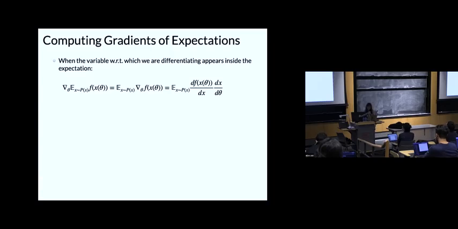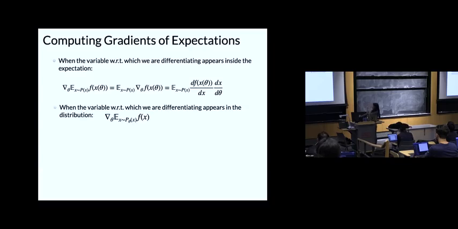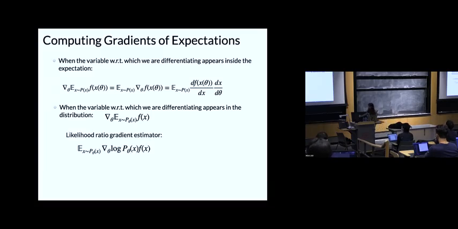Now, here is the second case, where you take a derivative with respect to theta, but that theta parameterizes P of x, which is the probability distribution of the expectation. In this case, we said that you can form the likelihood ratio gradient estimator, all right? But that would have high variance. You can do this, but it's not a good option.